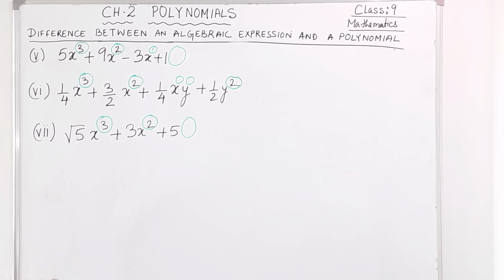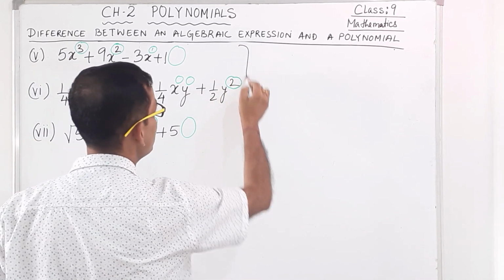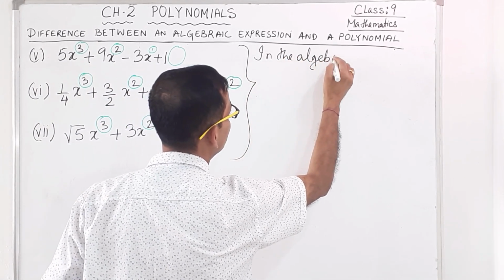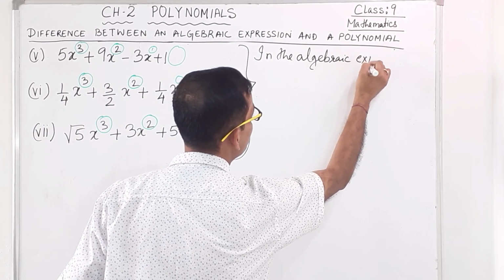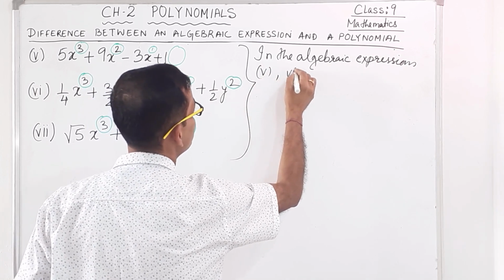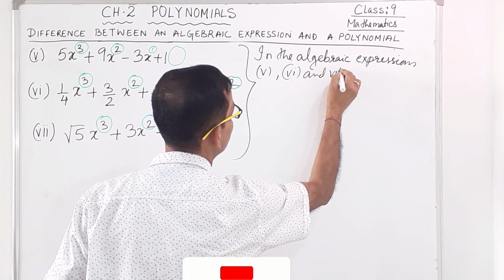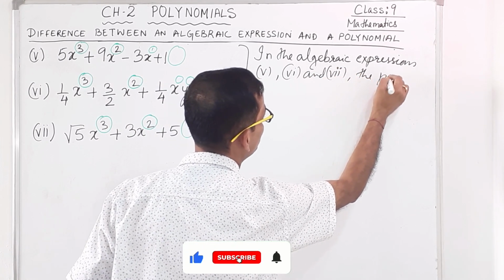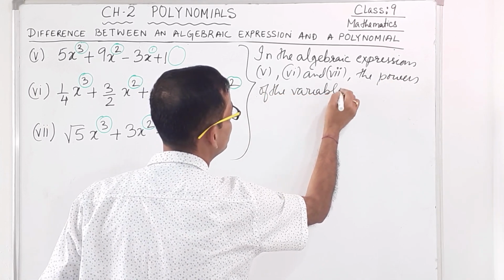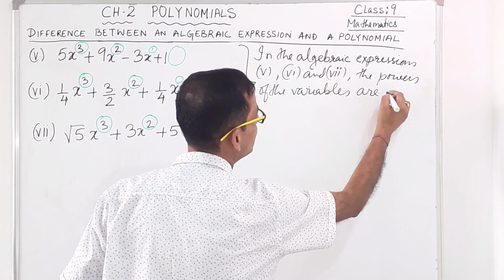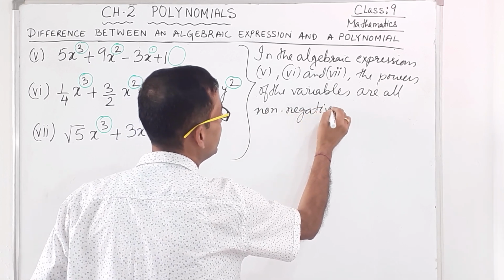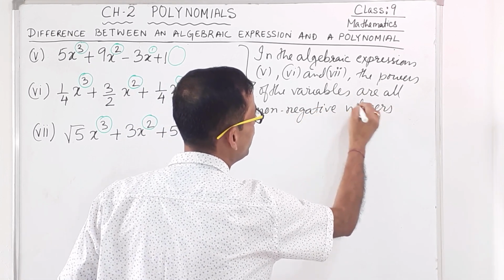They are non-negative integers. So what we can say, in the algebraic expressions 5, 6 and 7, the powers of the variables are all non-negative integers.